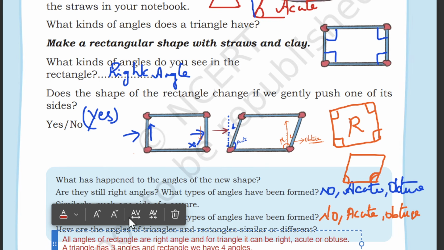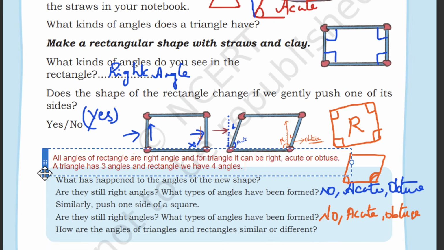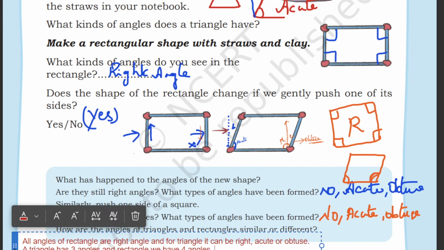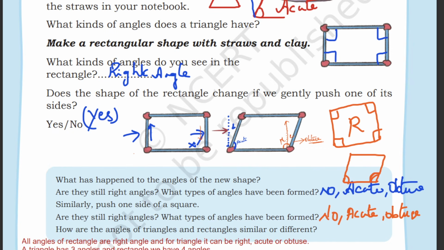Okay, I'll show the answer here maybe. So all angles of a rectangle are right angles, and for a triangle it can be right, acute or obtuse, and a triangle has 3 angles and a rectangle has 4 angles.